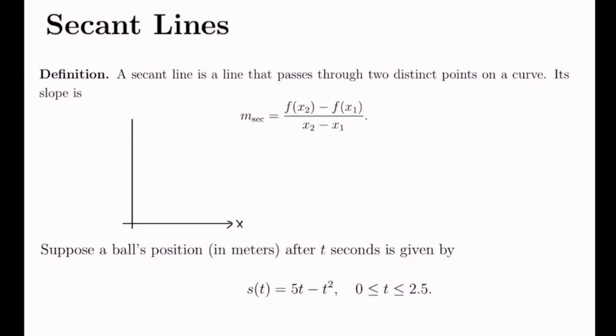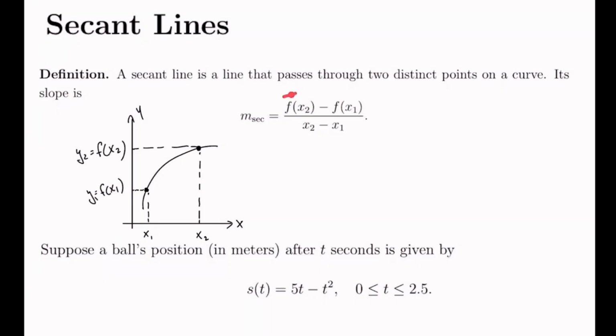So let's say we have some random curve, something like this, and then we pick 2 points on this curve. This one will have the coordinates x1 and f of x1, right? So y1. And for this one, I have x2, and the y coordinate will be f of x2, right?